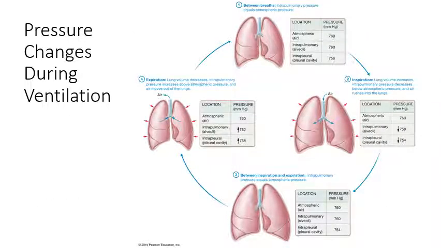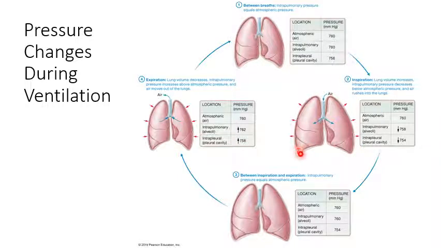So if we track pressure changes during ventilation, I'm not going to make you remember these numbers at all actually, but if you start with the lungs in a neutral position, atmospheric and intrapulmonary pressures are going to be equal. Intrapleural will be a little lower than intrapulmonary. Then as you're breathing in, you're going to be using your muscles to expand the volume of the thoracic cavity.